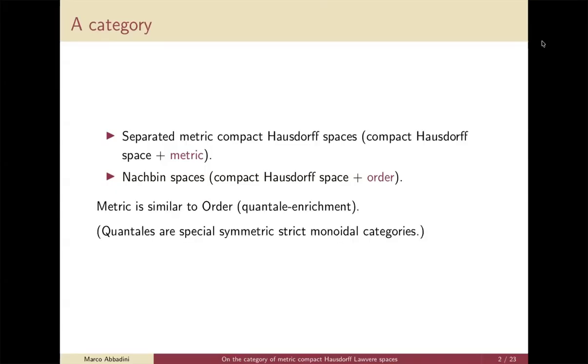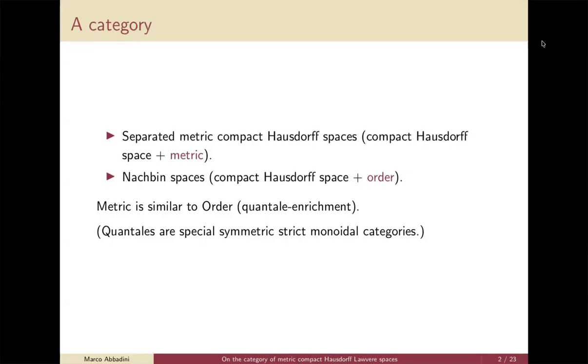And so most likely these results also have a generalization to a richer setting, probably to a quantale enrichment setting for certain quantales, as we know from Lawvere that metric is similar to order. And well, it would be amazing if one can go also beyond quantales. So quantales are special symmetric strict monoidal categories.